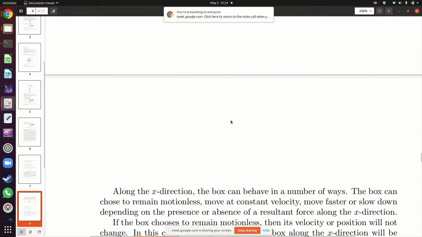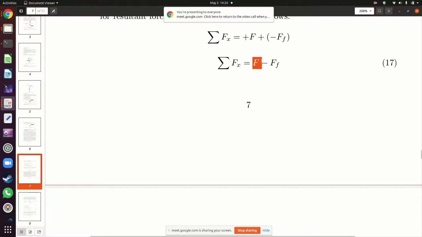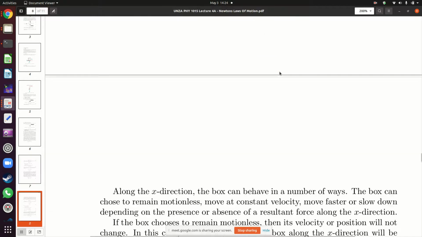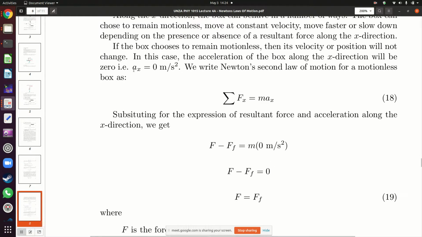We have found the resultant force along the x direction. It's F minus F friction. With this resultant force, and the fact that the acceleration along the x direction is equal to 0 if the box remains motionless, we can write Newton's second law of motion. The resultant force is equal to the mass of the box multiplied by the acceleration.